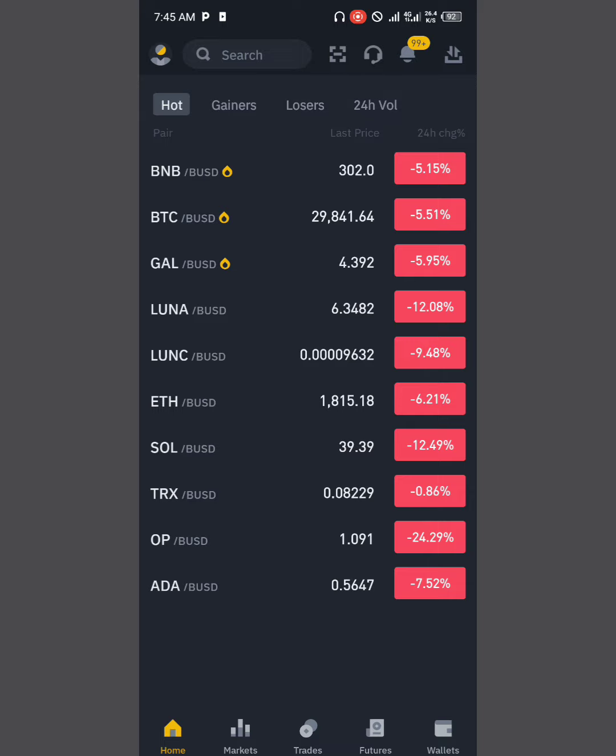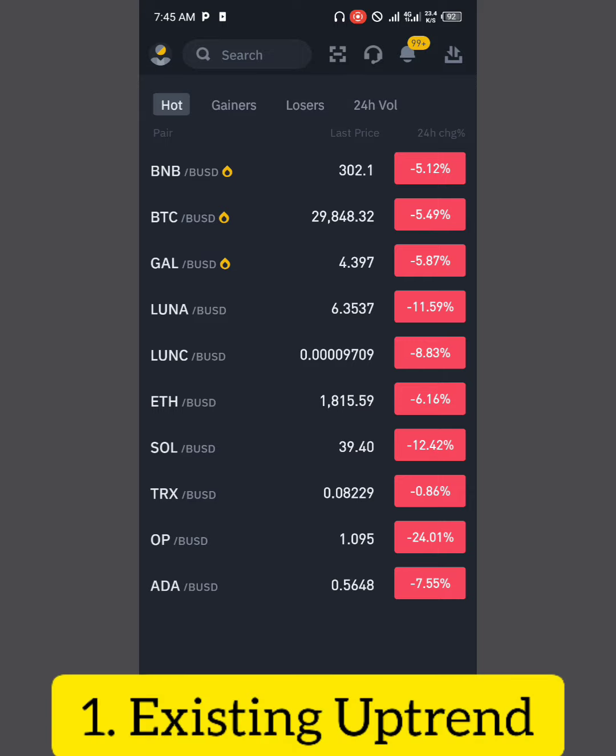Before we actually dive into the main strategy, I want to show you some tips and some rules that govern this strategy, the ultimate reversal trading hack. Here are the rules. Number 1, there must be an existing uptrend. This strategy is a reversal strategy to the downside.